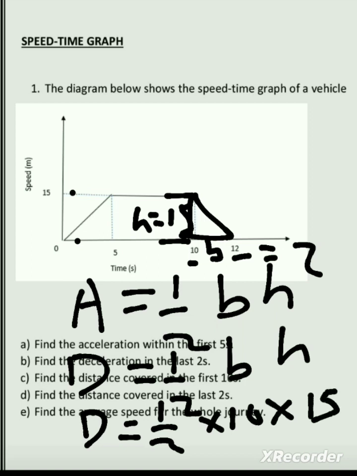Half times 10 times 15, which when you solve, you're going to get 75 meters. Again, I've made a mistake because B is 2, not 10.